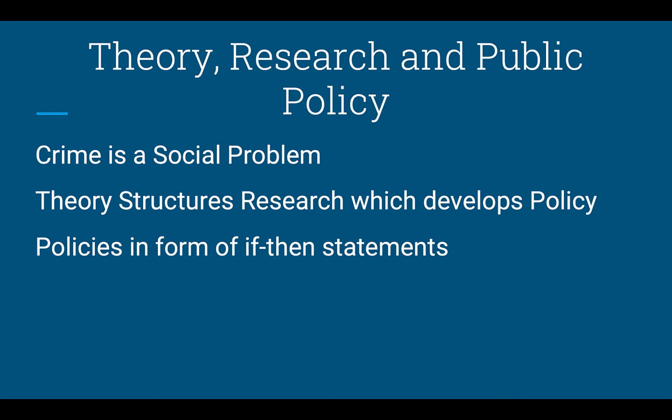So crime is a social problem, right? And research is driven by theory that is then linked to public policy. Theory structures research, which then, of course, develops policy. So research guides the way in which the government and the public respond to crime.